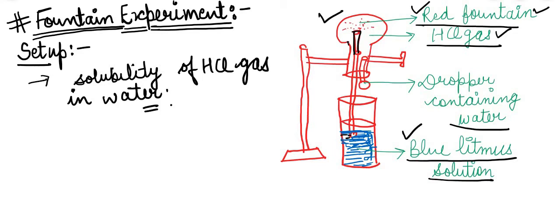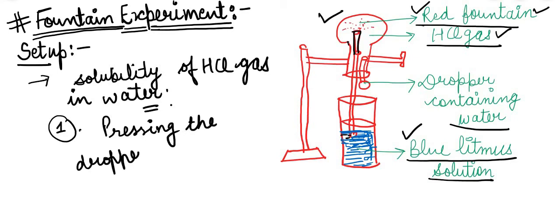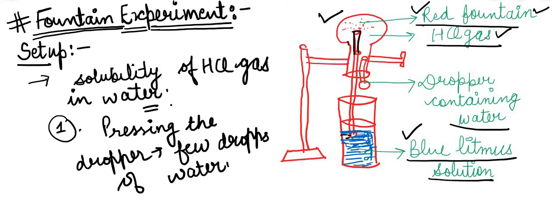Now what we are doing, the very first step, we are pressing the dropper and passing a few drops of water to the HCl gas. आपने उस HCl gas में few drops of water को pass किया.